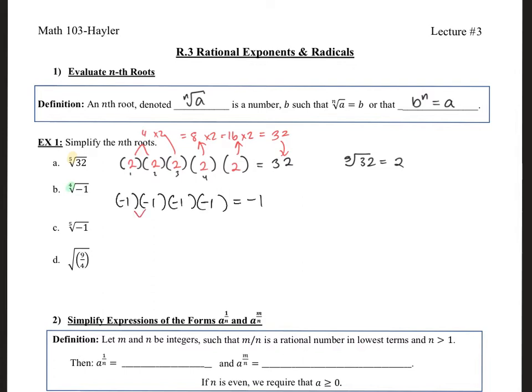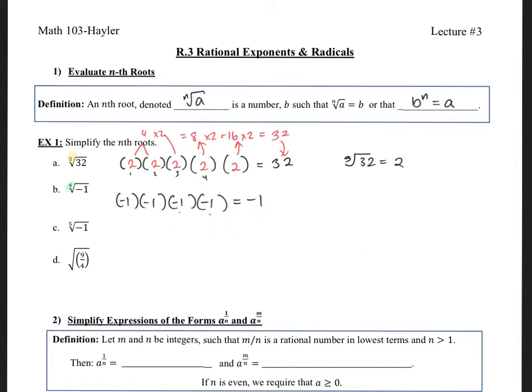1 times 1, that's a positive 1. But when I multiply that by this negative 1, I get that negative 1. But remember, we still have this last negative 1 to work with. And when I multiply my negative 1 by negative 1, I'll get a positive 1, which is not what I'm looking for. That doesn't work.